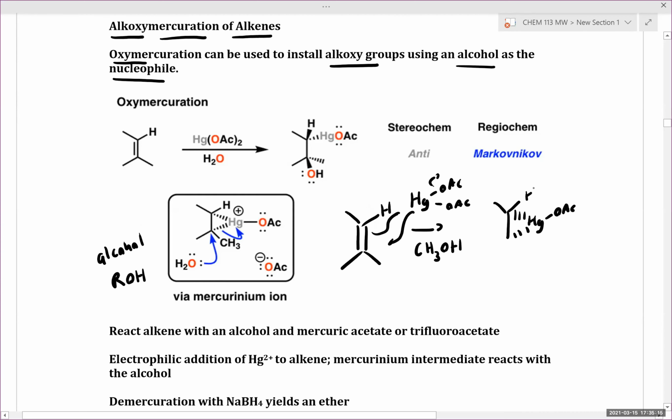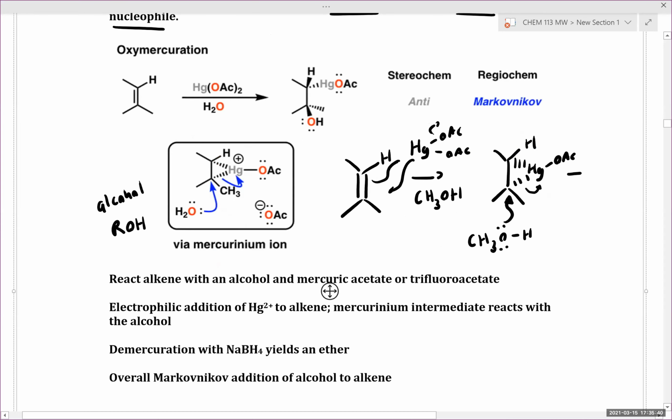Now, just like always, when it comes to the attack of our nucleophile, our alcohol nucleophile, which in this case is methanol, will attack with Markovnikov regio control. The alcohol will add to the most substituted carbon that can most readily stabilize a cationic charge.